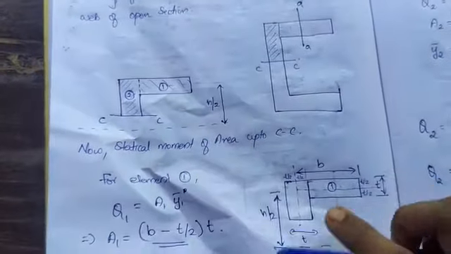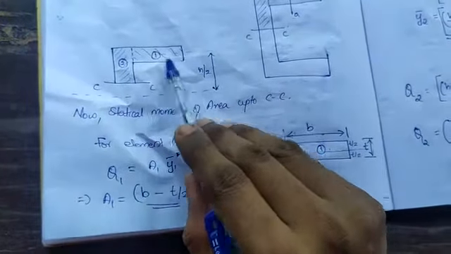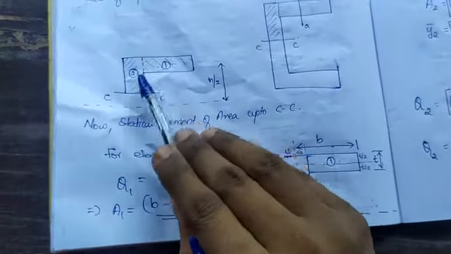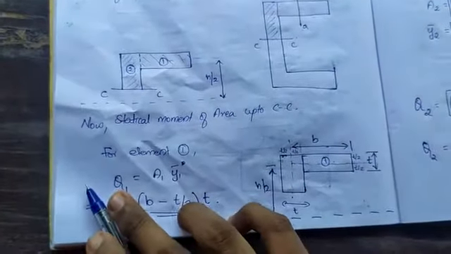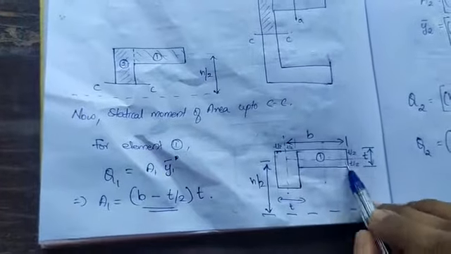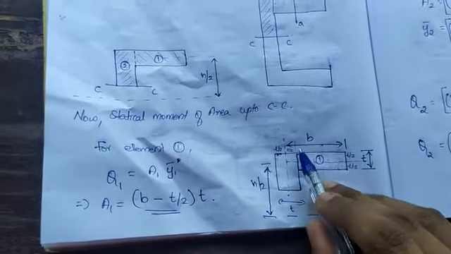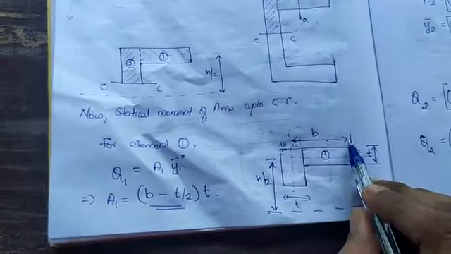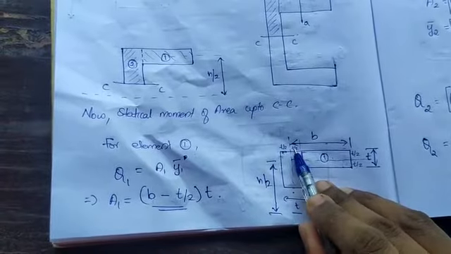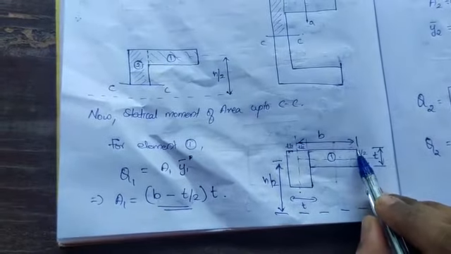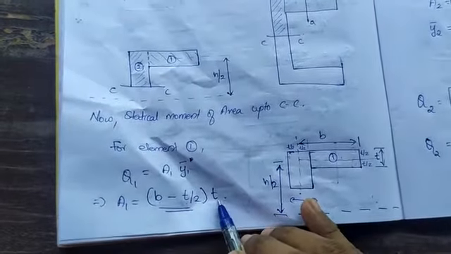Okay, so here, since we are finding from here to this point, we will convert this into two structures, 1 and 2. Now the statical moment of this section is given by: the length is the total from here to here, b minus t by 2 is its breadth, and thickness is t by 2, so b minus t by 2 into t.